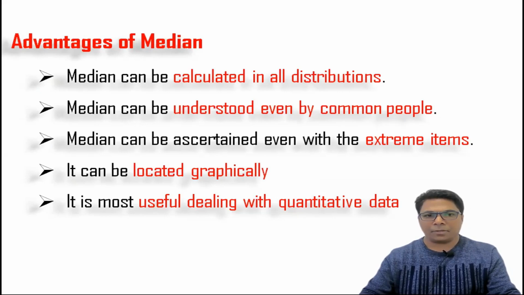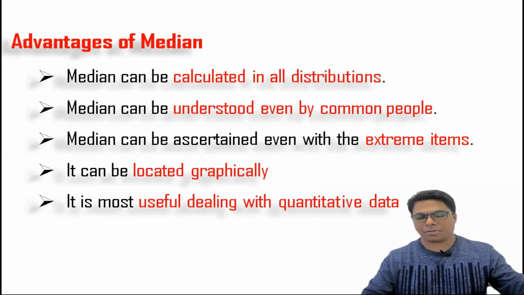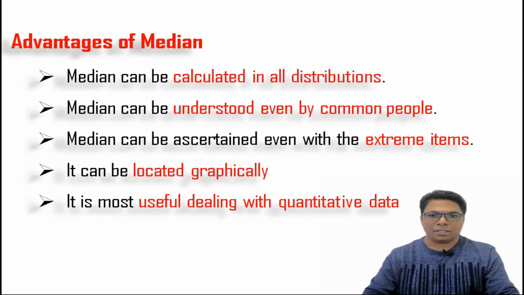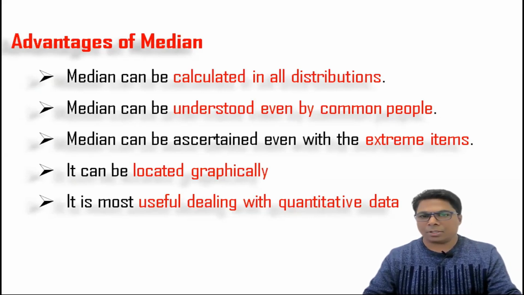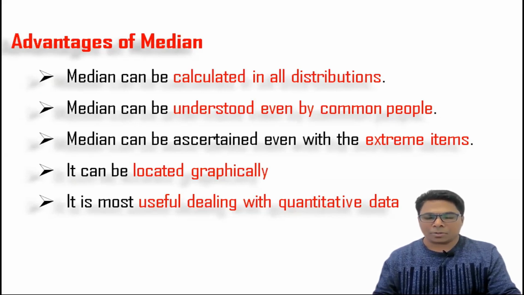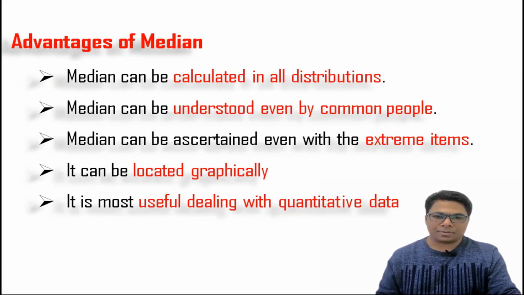So what are the advantages of median? As we have already seen some of the advantages, we should also know that median can be calculated in all distributions, and it is very easy to understand. Even a common man can understand. The good thing about median is it also considers the extreme items.